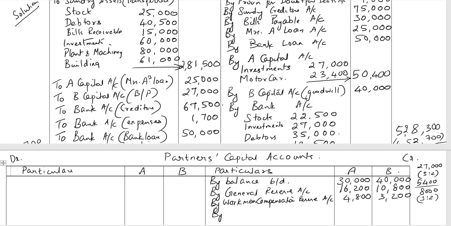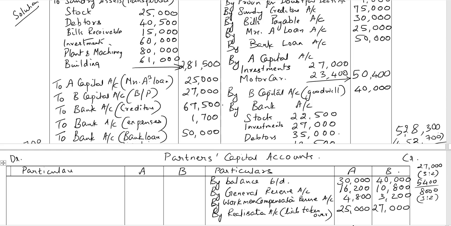So by realization account for liability taken over, 25,000 rupees in the case of partner A and 27,000 rupees in the case of partner B. And on the credit side of the realization, the assets are taken over.